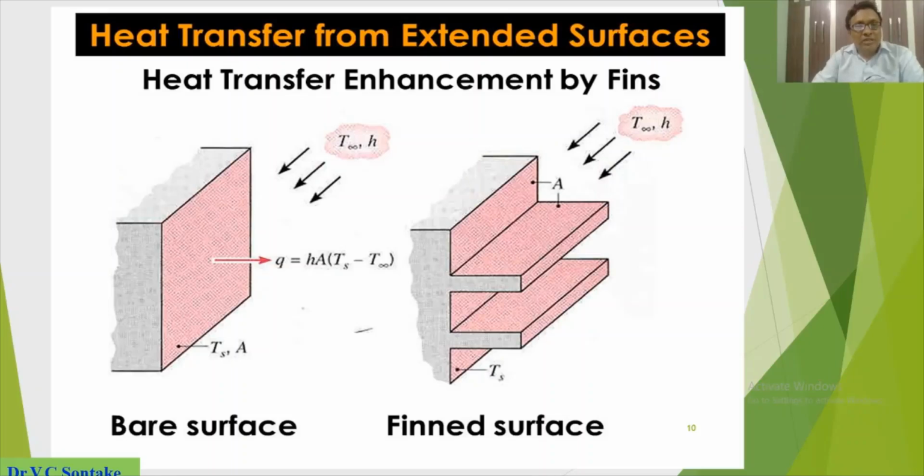So these are a few more illustrations of heat transfer from extended surfaces. In case 1, heat transfer rate from the base surface is hA delta T. However, in case 2, the heat transfer rate from the total system will be heat transfer rate from the base surface plus heat transfer rate from the finned surface.